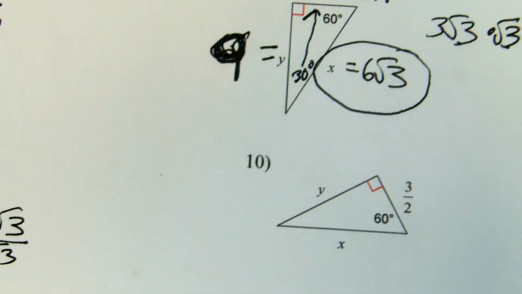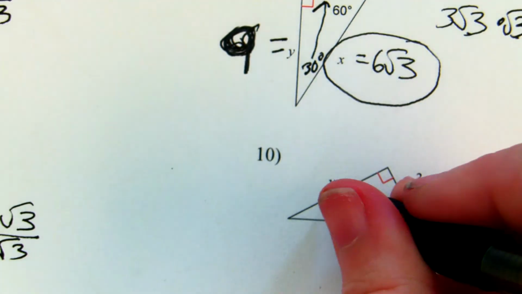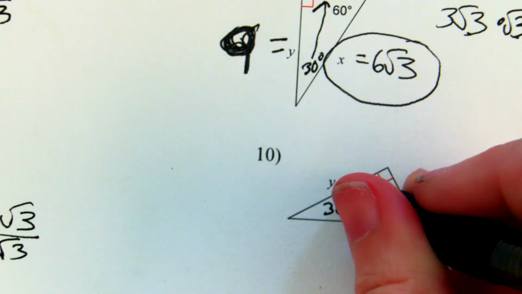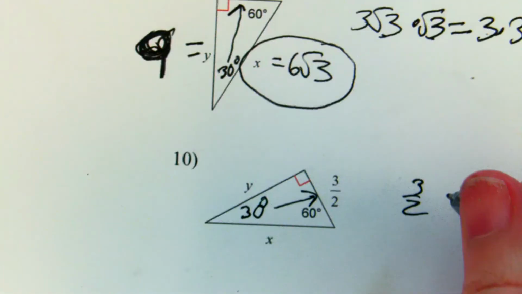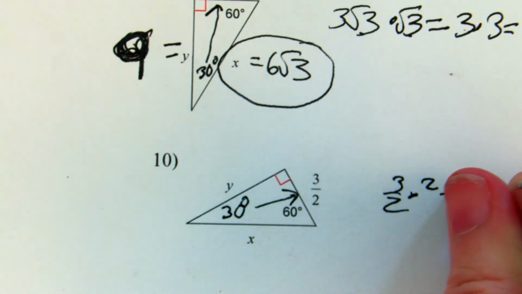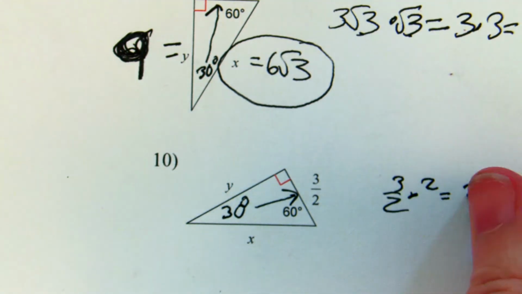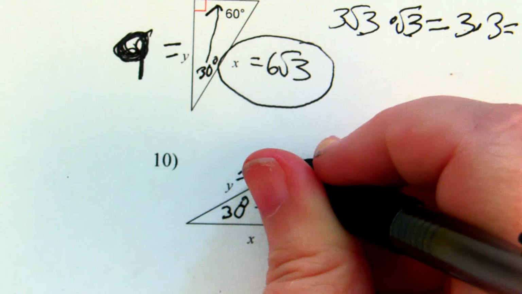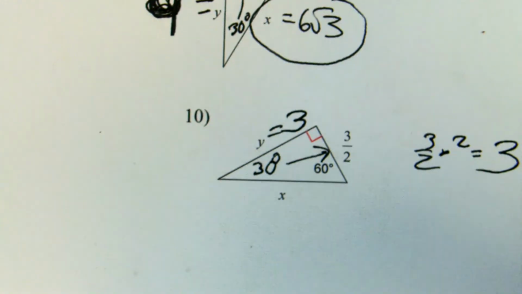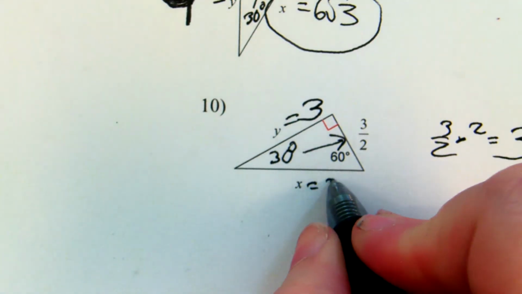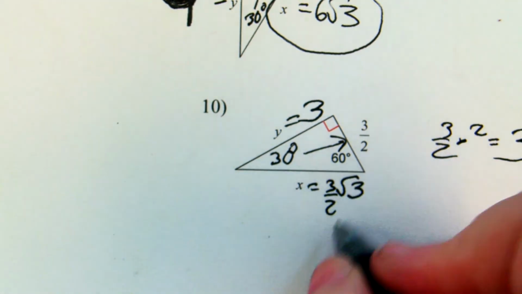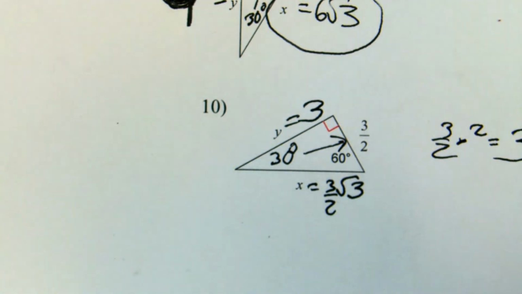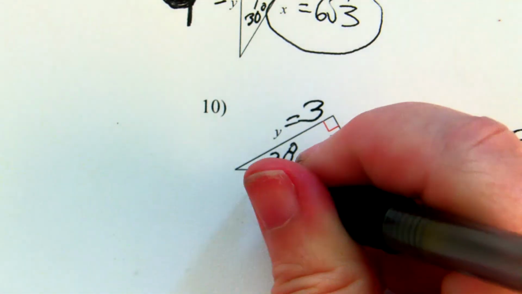Last one. This is across from the 30. So this is the x. Double it. What's 3/2 times 2? The 2's cancel and we get 3. So the hypotenuse is 3. And we have 3/2. So we have 3/2 times radical 3. You multiply by radical 3 to get... Whoops, I switched them.